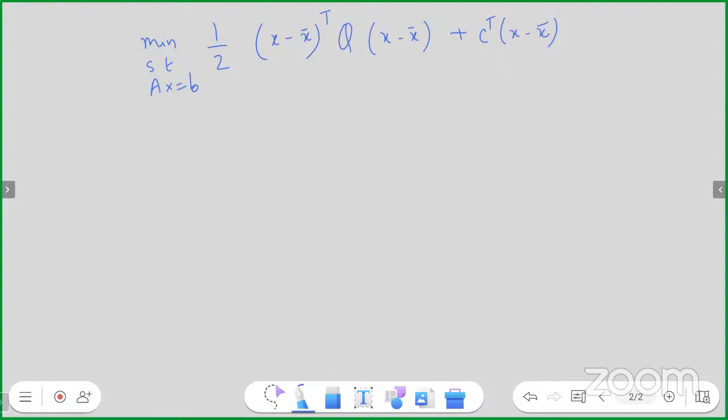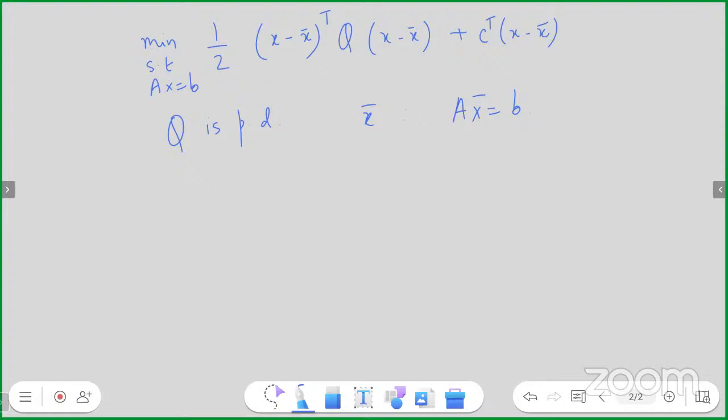So let me write it. Q is positive definite. X bar is a vector such that A x bar equals b. Not a quadratic or linear problem, so not allowed. Not like that.